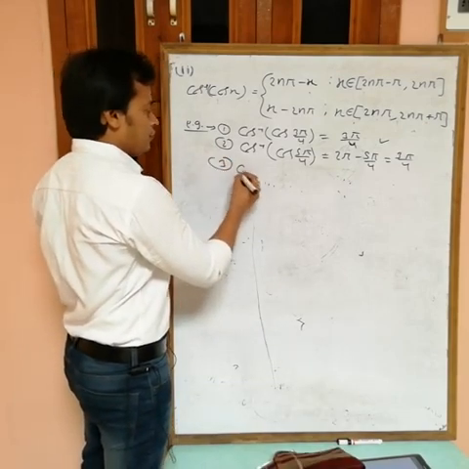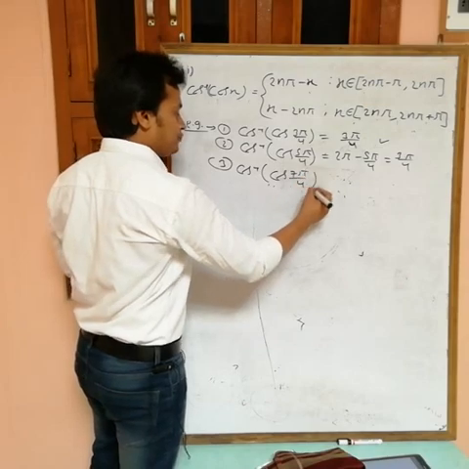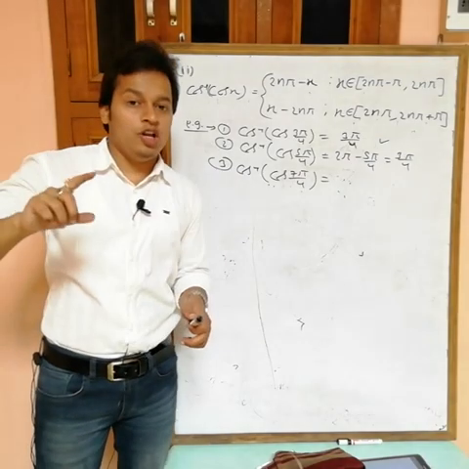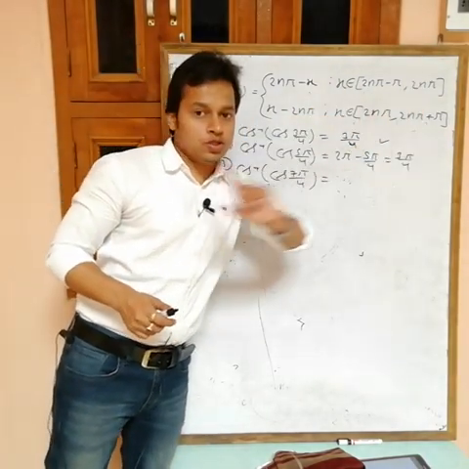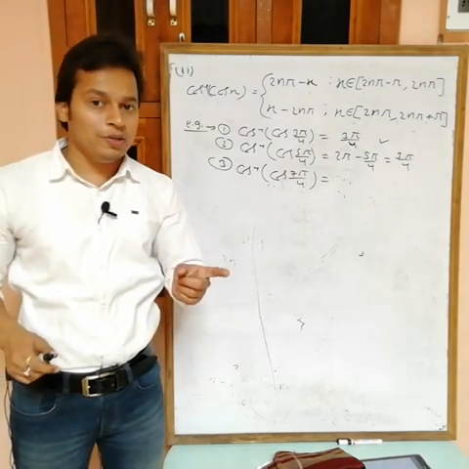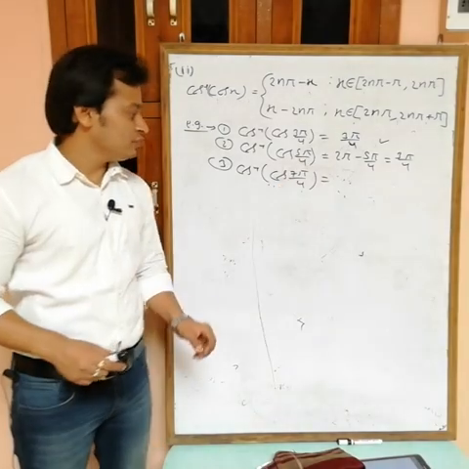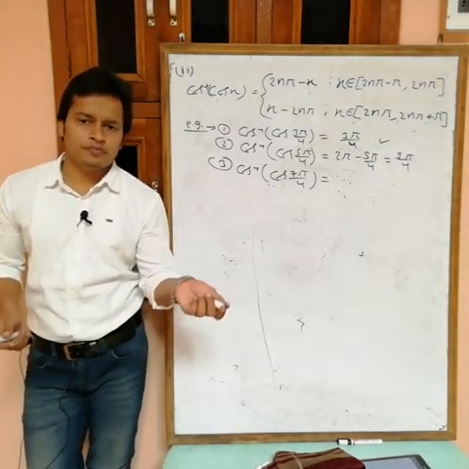Now, the third example: cos inverse of cos 7π/4. Again check only for even multiples of π. Here we have only 2nπ; there is no need to check for odd multiples of π, that is in sin inverse of sin x. So again check whether this is less than 2π or greater than 2π, because it is either one.